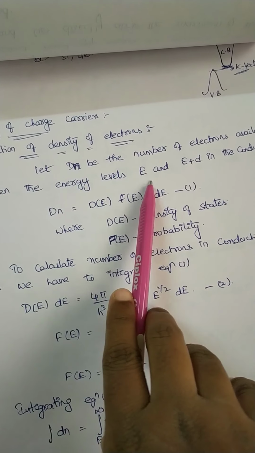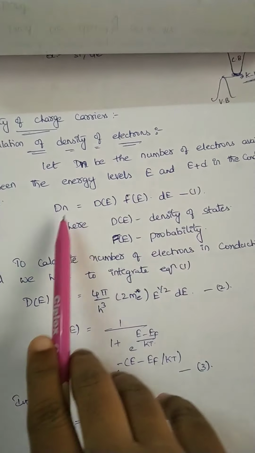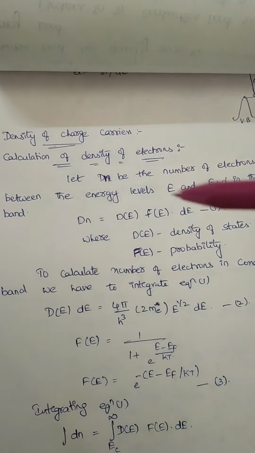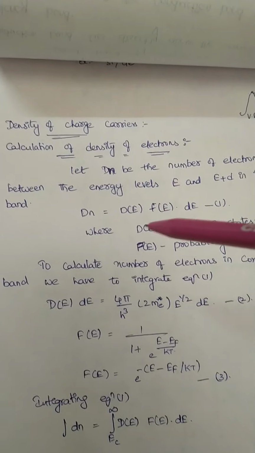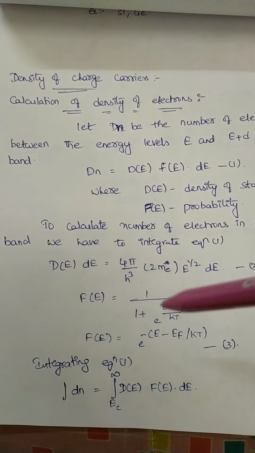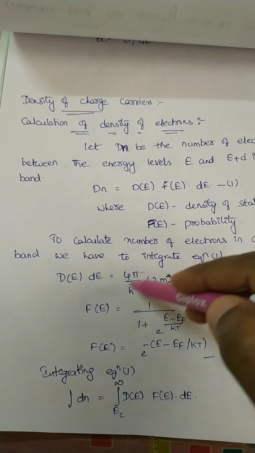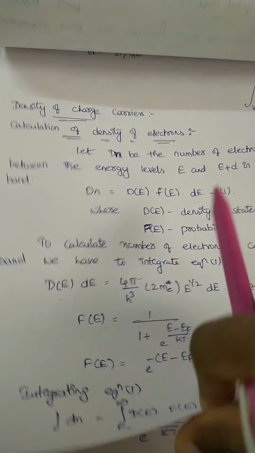Dn is equal to Z(E) f(E) dE. This is totally the derivation part. Whatever equations I have written, you must read and practice them. Now we integrate the equation.